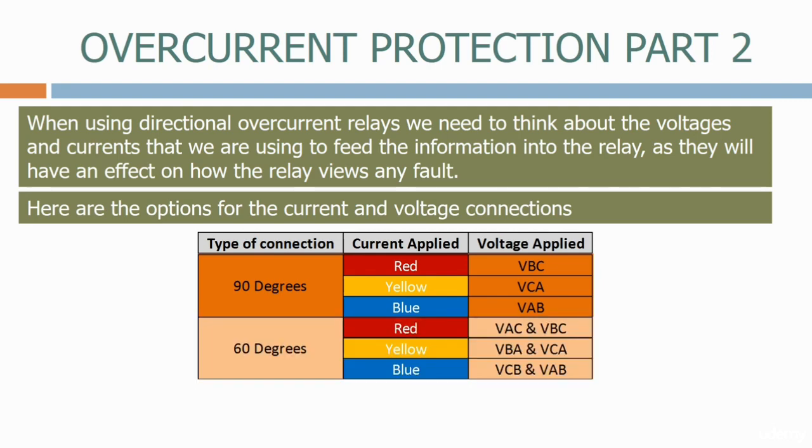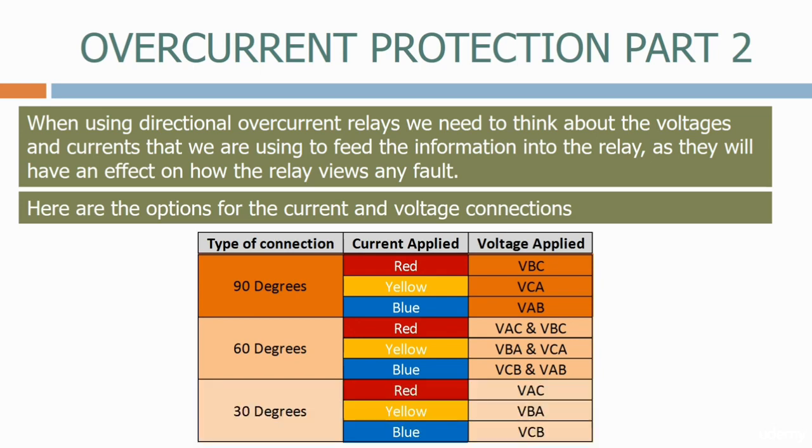Next we have the 60-degree connection, which has these line voltages applied. And finally, the 30-degree connection, which has these line voltages applied. The option of whether it's a 90-degree, 60-degree or 30-degree connection can be set inside the directional overcurrent relay.